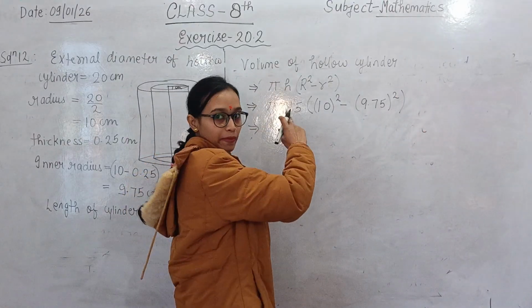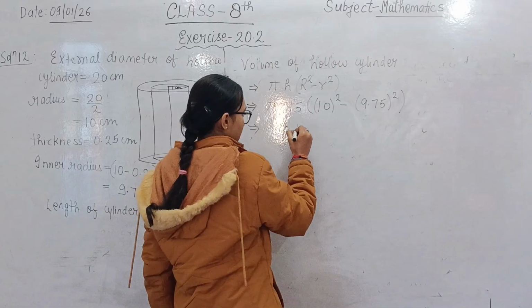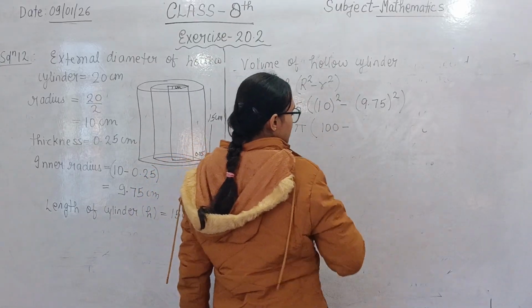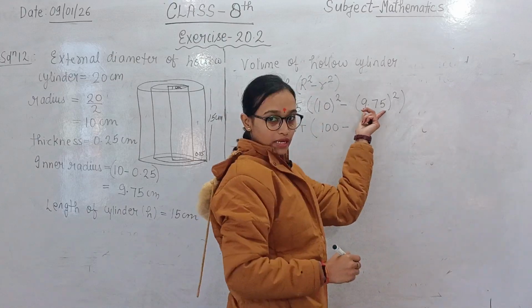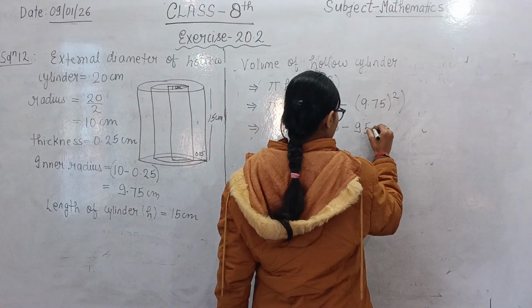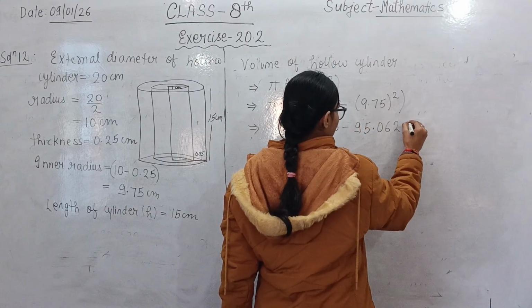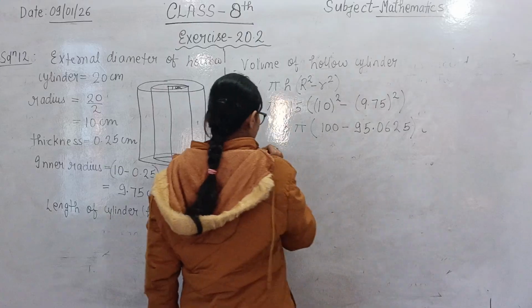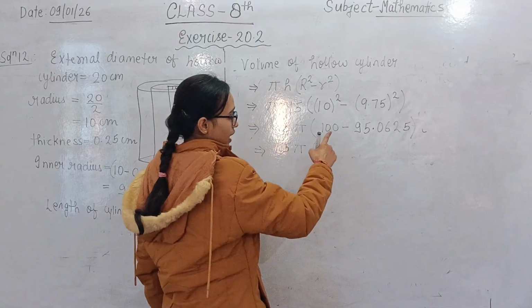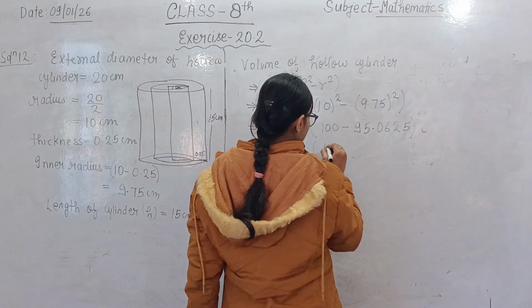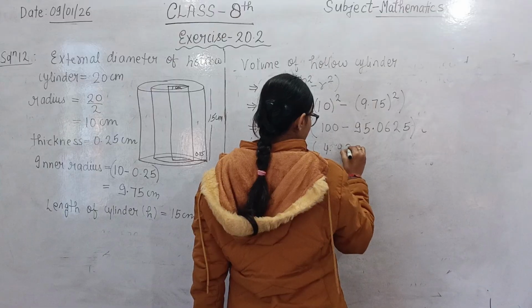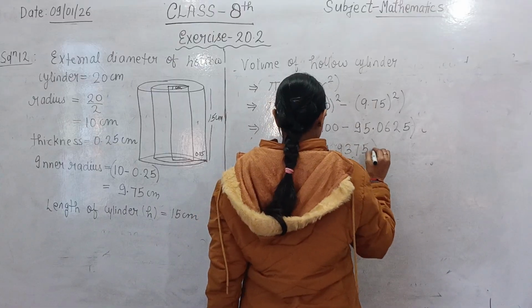When we multiply pi with 15, we get 15 pi. 10 whole square, we get 100, minus. When we multiply 9.75 with 9.75, we get 95.0625. 15 pi, when we subtract this, we get 4.9375.